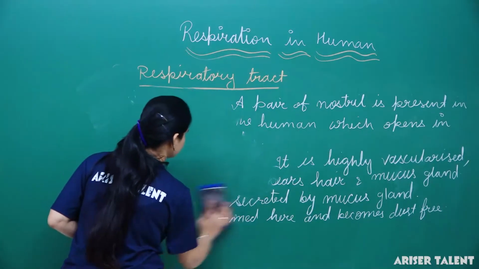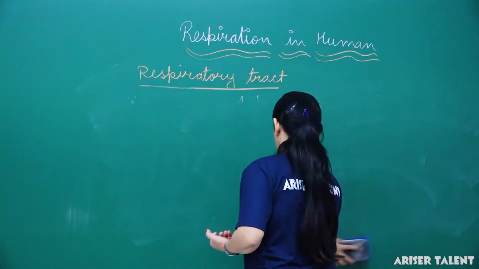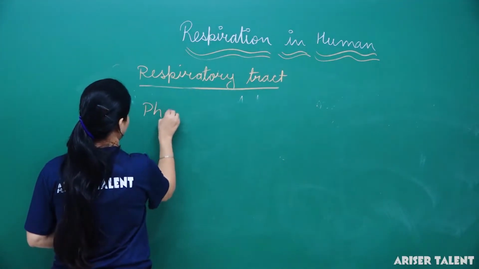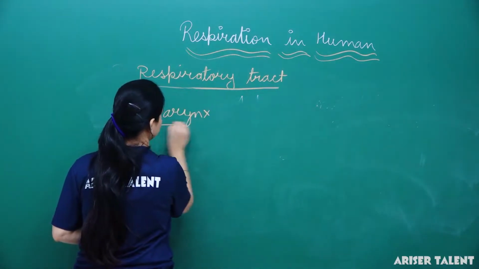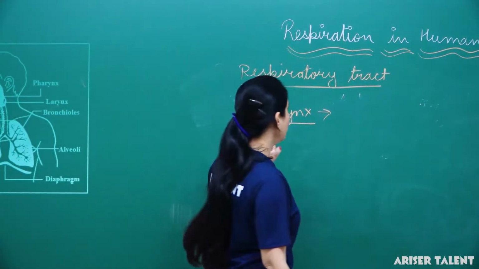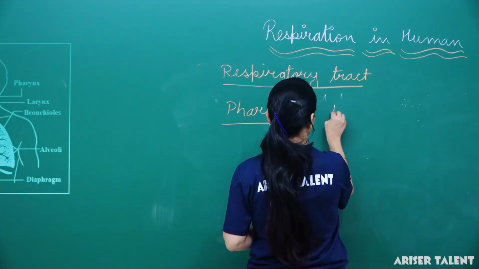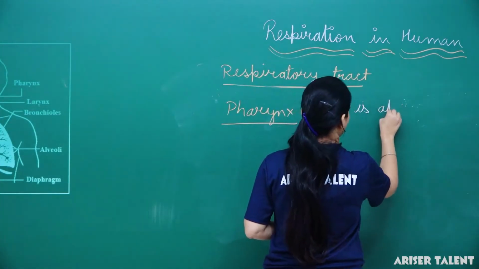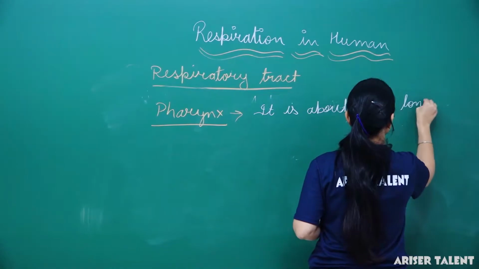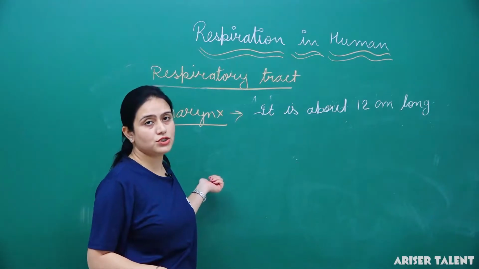Next part is the pharynx. Next we will talk about the pharynx. Here we can see the pharynx is a tubular structure about 12 centimeter long, and it opens into the larynx.